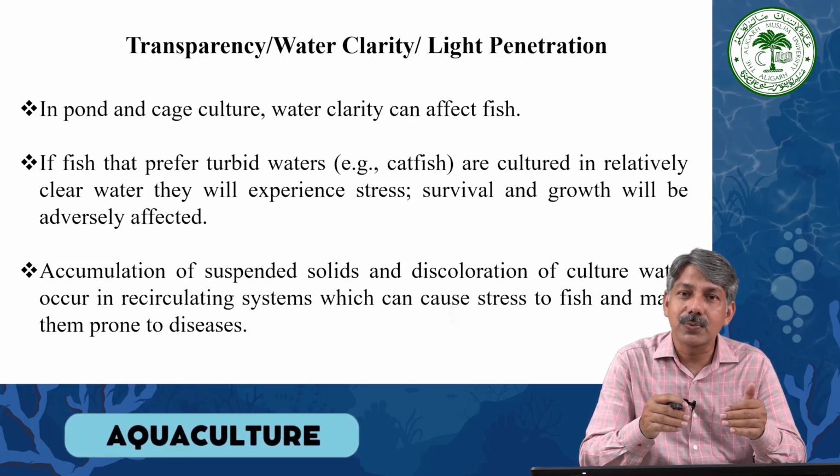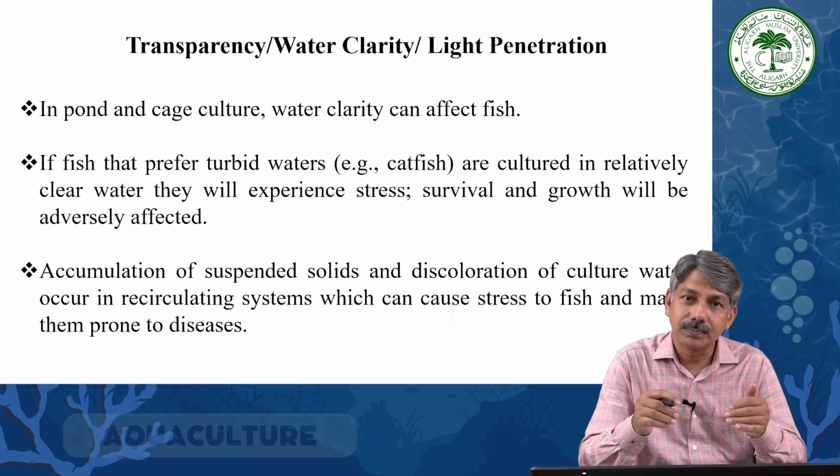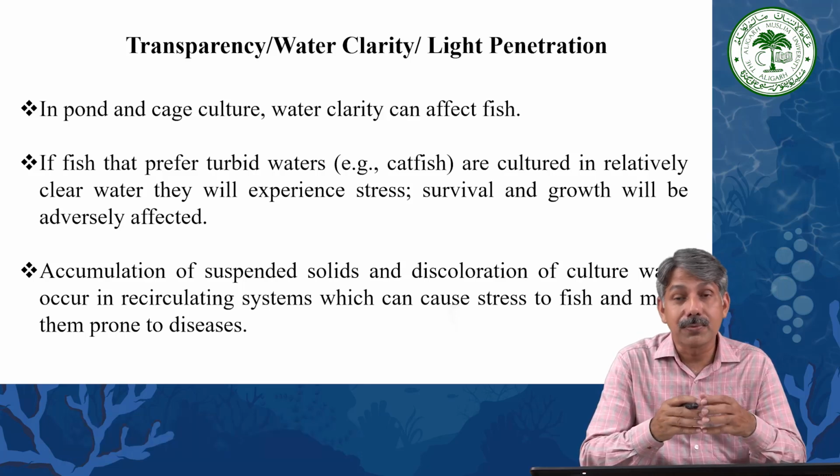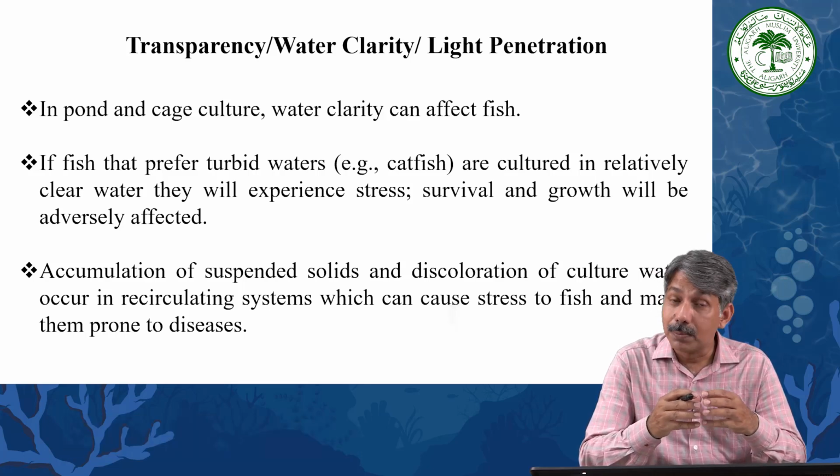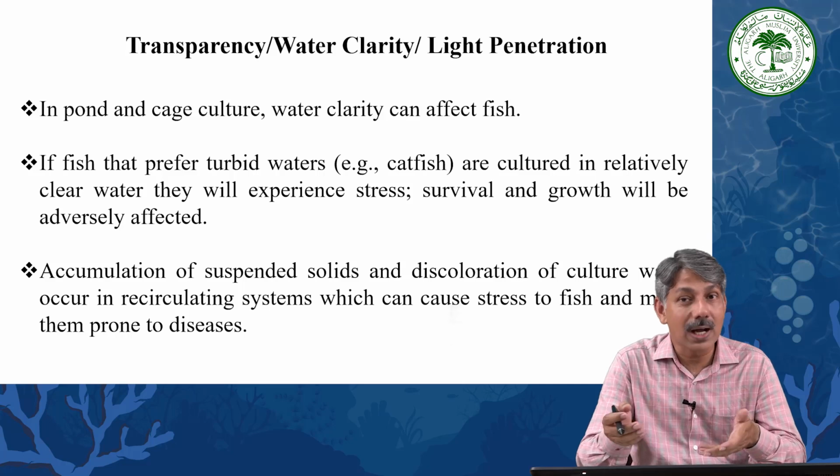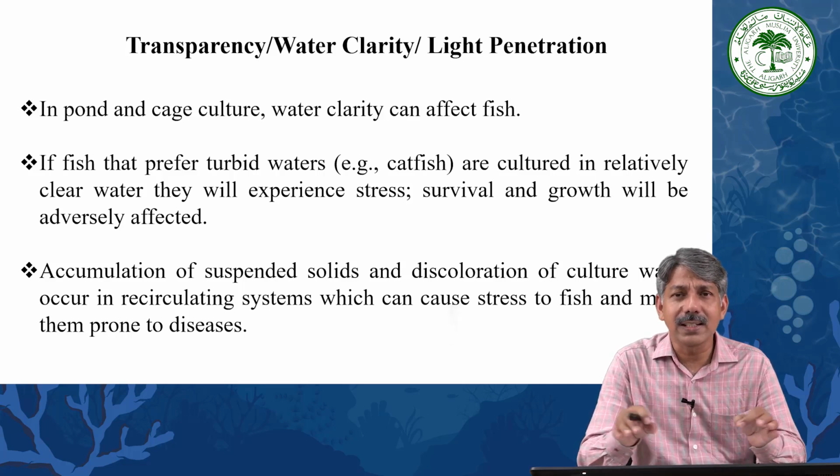Catfishes or any other fish which is having an accessory breathing organ, they may prefer to live in these conditions. But fishes which require high oxygen, which show great growth performance at high oxygen levels, for example, trouts, carps, they need clean water having high transparency.